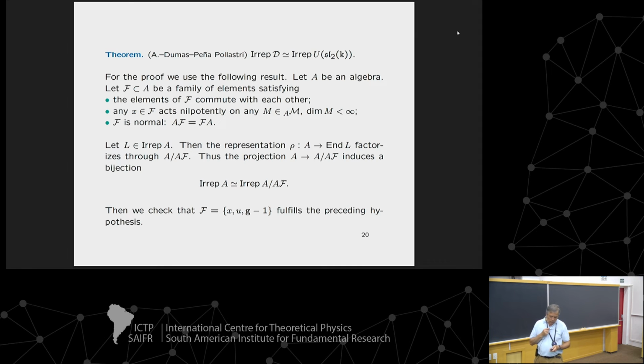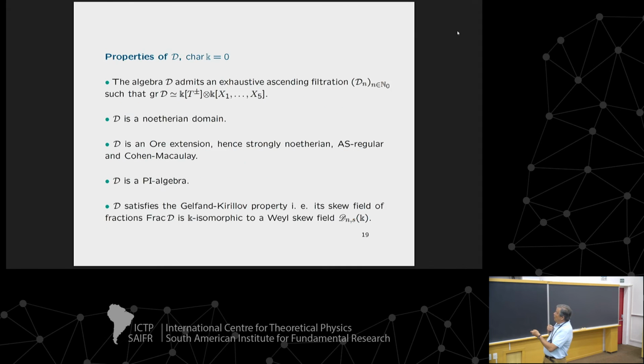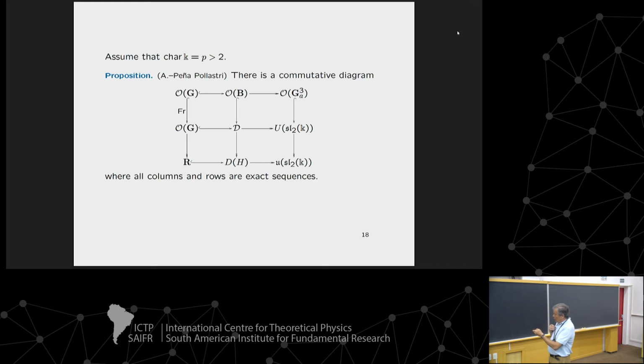Now, here we have this diagram. In this extension, R is local. And then the irreducible representations, as I already said, of D of H are in bijective correspondence with those of U of SL2. But here, O of G is not local.